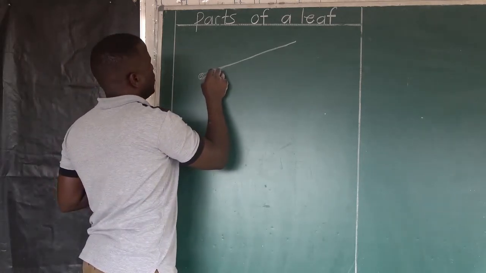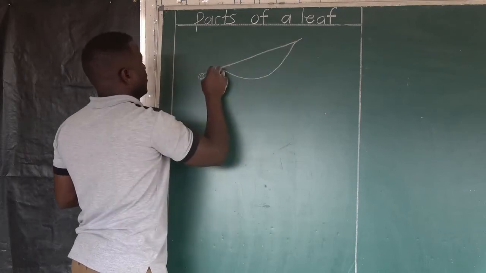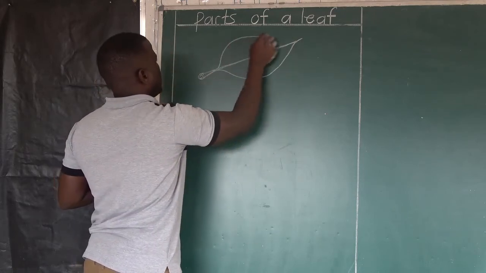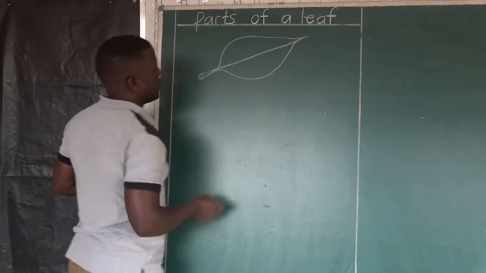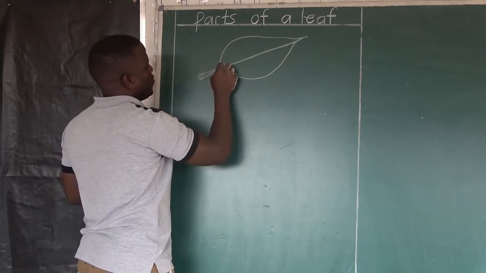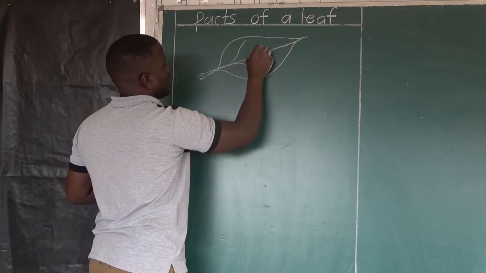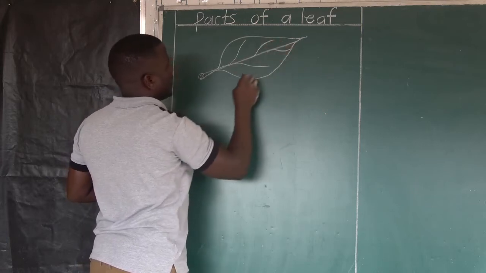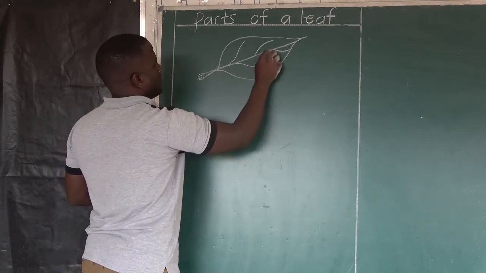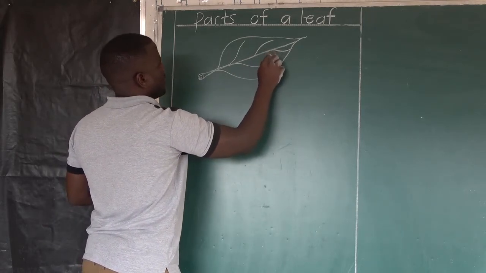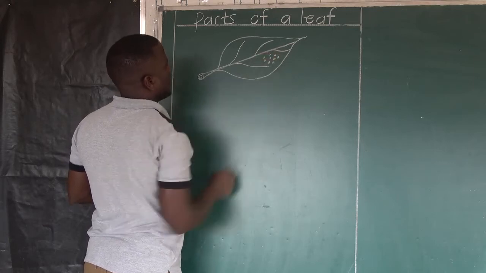For example, this is how I usually draw my leaf. Like that. Simple. Then you put the veins like that. You can put some stomata like that.